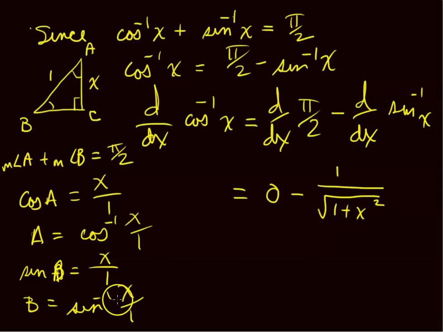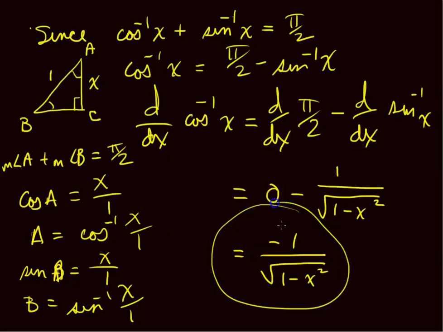I'm sorry, 1 minus x squared. I'm thinking of the tangent again. But hold it. This is just -1, or take the opposite of the sine inverse. So the only difference between the sine inverse derivative and the cosine inverse's derivative is one's positive and one's negative.